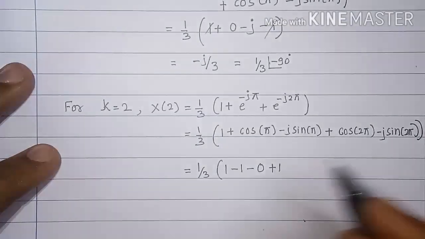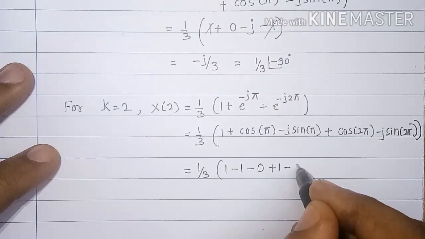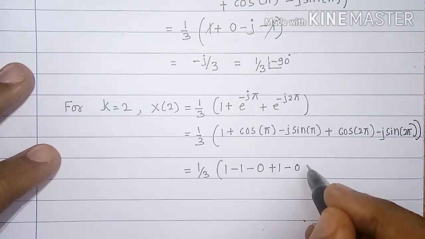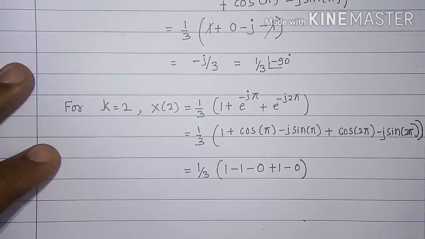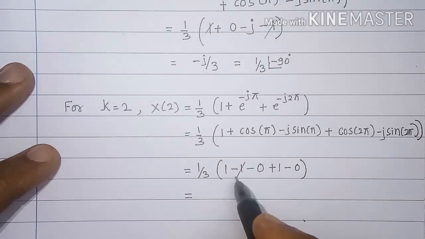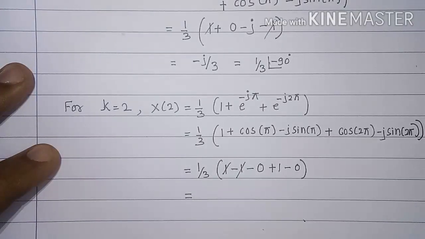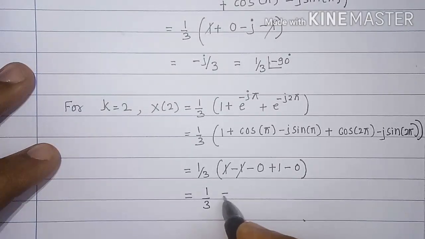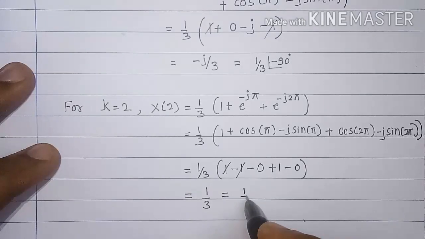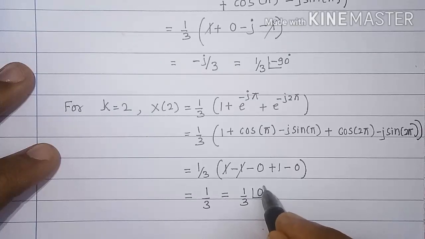Sin 0 is 0, so j into 0 will also be equal to 0. Here we get minus 1 and plus 1 cancelled. X of 2 equal to 1 by 3. In polar form, 1 by 3 at an angle of 0 degree.